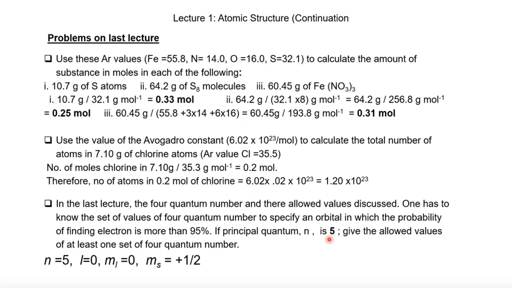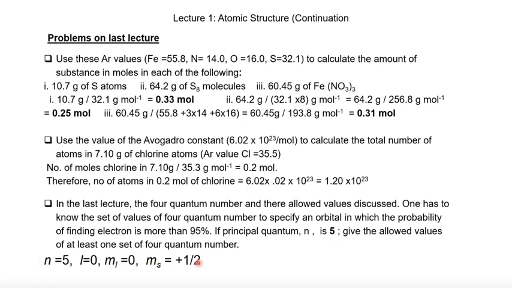So what do we mean by a set of 4 quantum numbers? We have to give a value of each quantum number: n, l, ml, and ms.